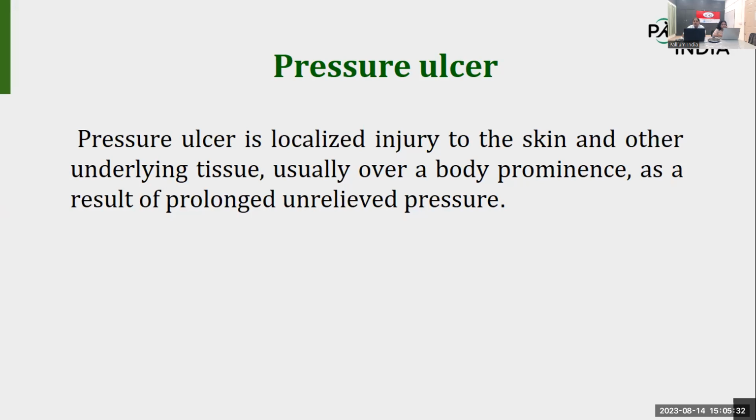Where there is unrelieved pressure, especially over a bony prominence, because of improper circulation, that will lead to the breakdown of the underlying skin tissues. So that will lead to pressure ulcer.